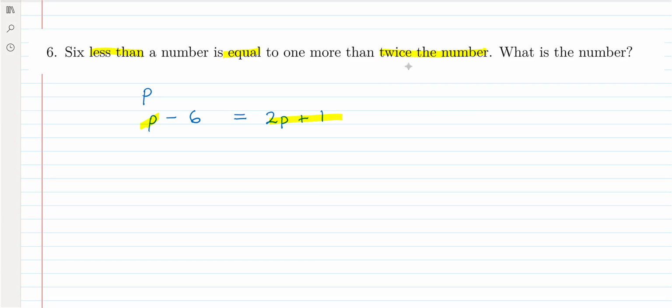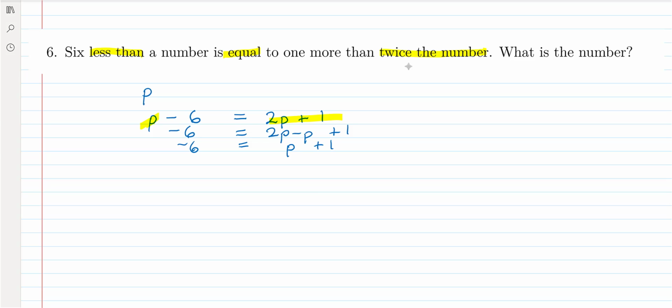So what we get then is, on the left hand side, we're left with just the negative 6. And that's going to be equal to 2p minus p plus 1. So we have negative 6 is equal to 2p minus p, which is just p, and then we have our plus 1.